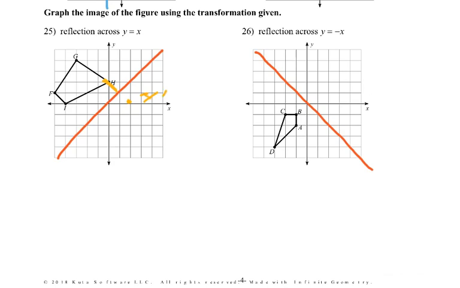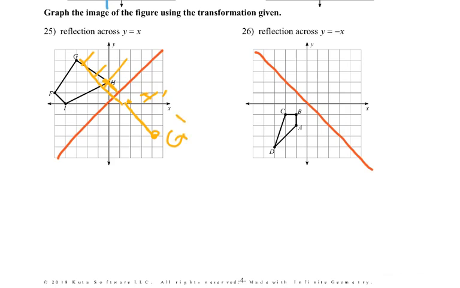So you kind of diagonalize from the lines to measure how far it goes. Like this is 1 box, 2 boxes, 3.5. So the other direction I go 1, 2, well, 1.5, 1, 2, and 3. So it put the G prime right there.